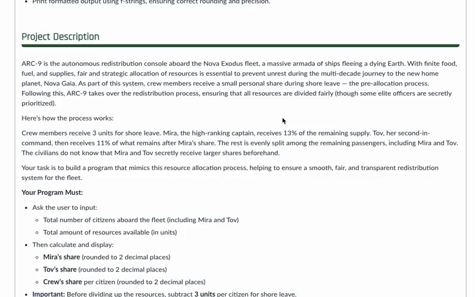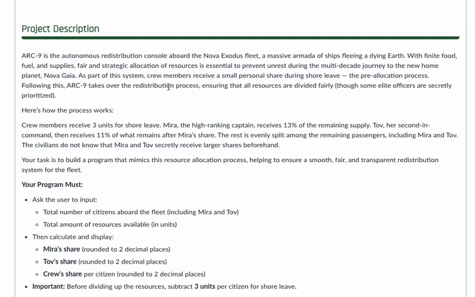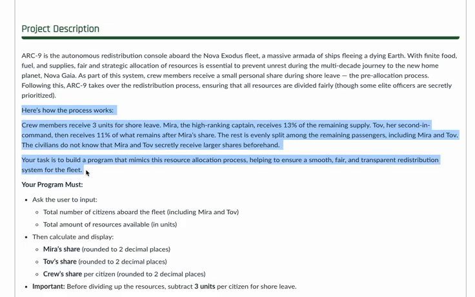As part of this system, new crew members receive a small personal share during shore leave, the pre-allocation process basically. Following this, the ARC9 takes over the redistribution process, ensuring that all resources are divided fairly, though some elite officers are secretly prioritized. So here's how the process works. You need to follow the instructions here, like how you need to solve this problem.